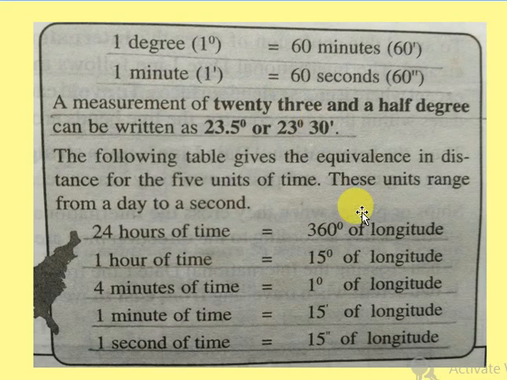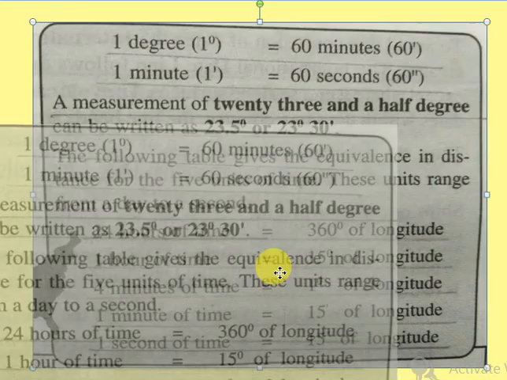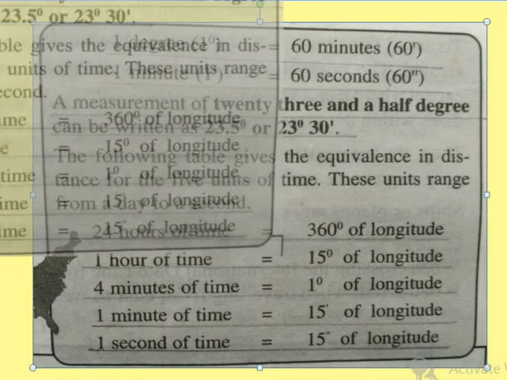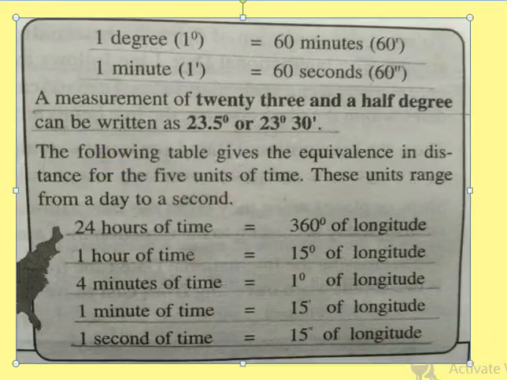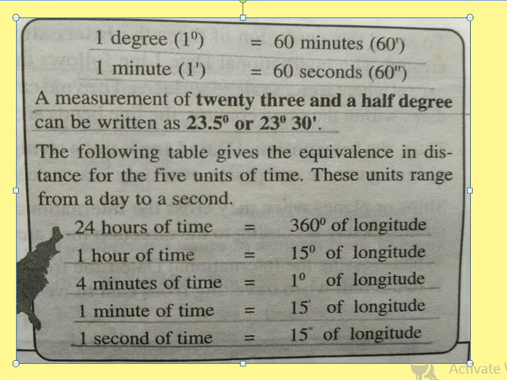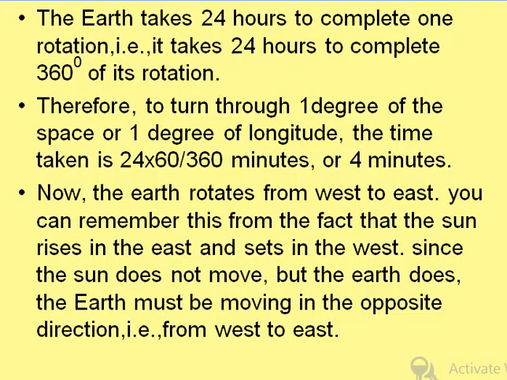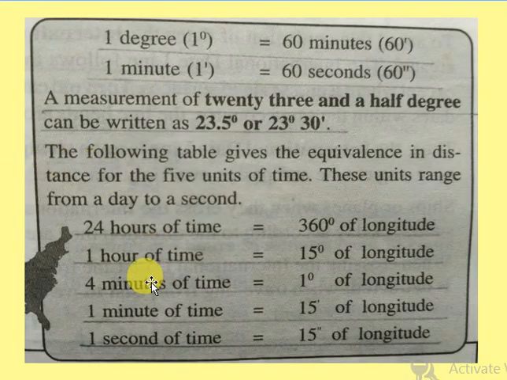So again, for you to remember, 1 degree is equal to 4 minutes, and 15 degrees is around 1 hour of time, 360 is 24 hours. Have a look at this.